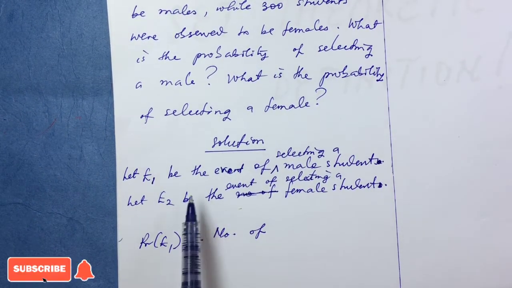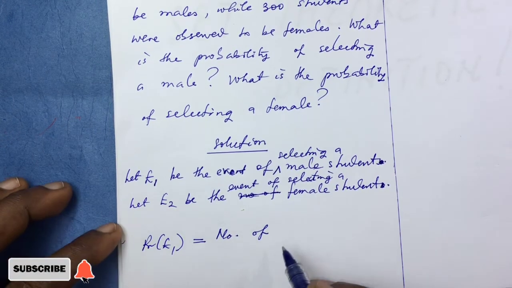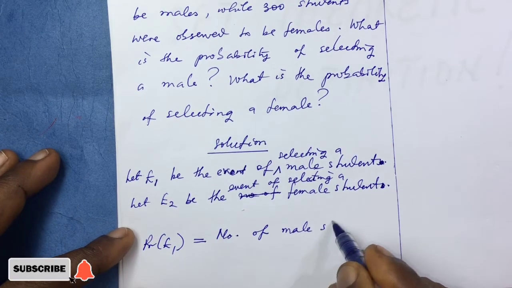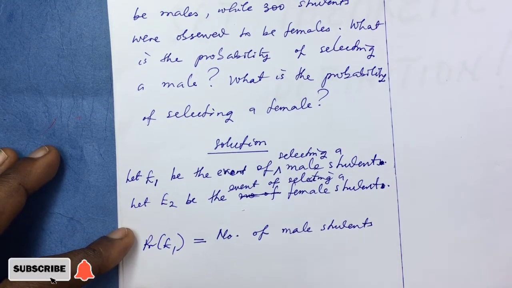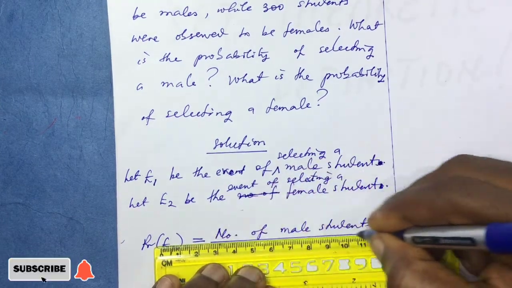Okay, so if we call E1 the event of selecting a male student and E2 the event of selecting a female student, then the probability of E1, that is the probability of selecting a male student, becomes the number of male students all over the number of students in that school.